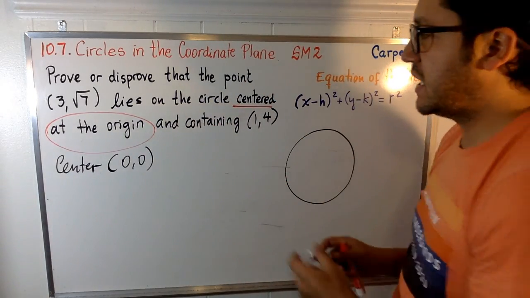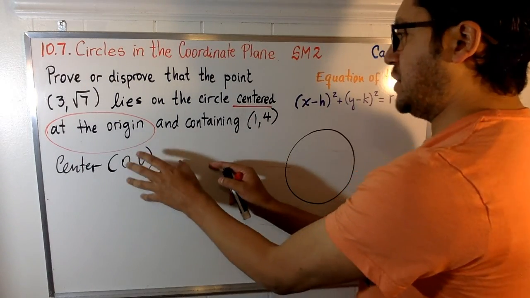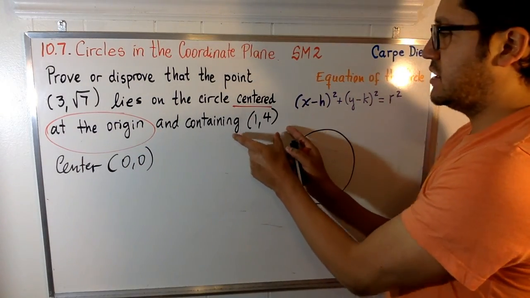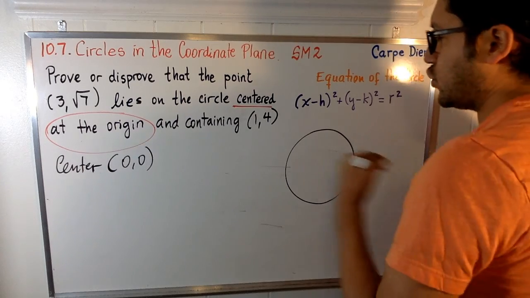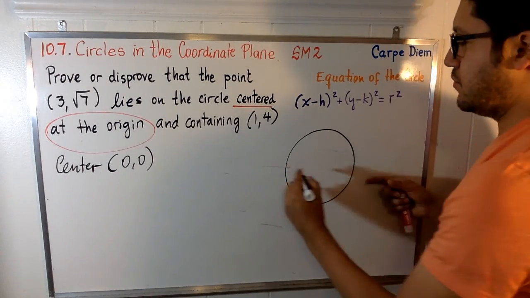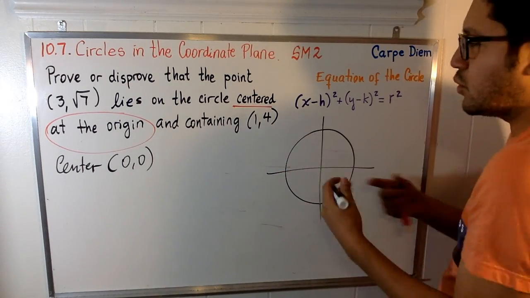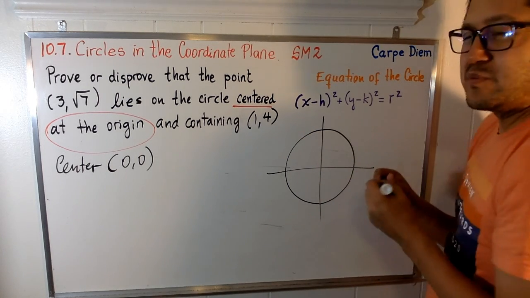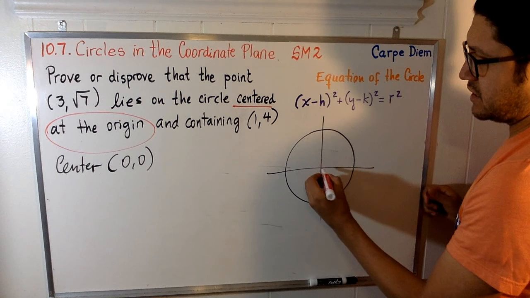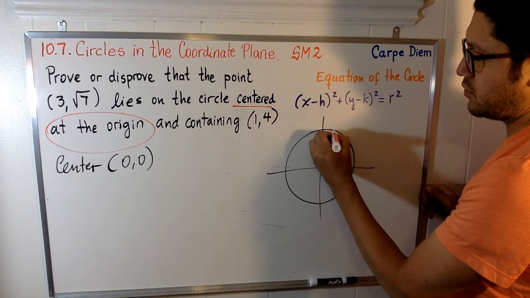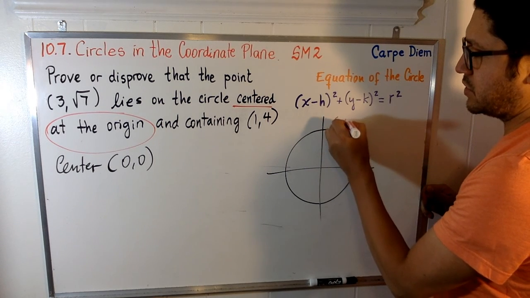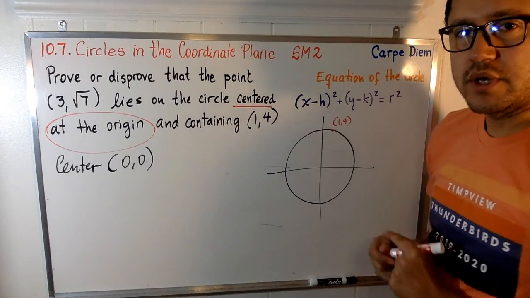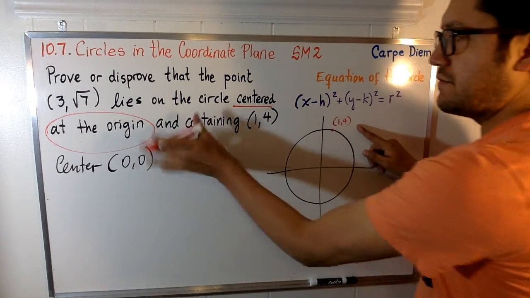Also, they are telling me that this particular circle contains this point (1, 4). So if I were to try to locate that point, it's somewhere over here. Let's say that you have 1 over here and 4 over here. This is point (1, 4), which is part of this circle.